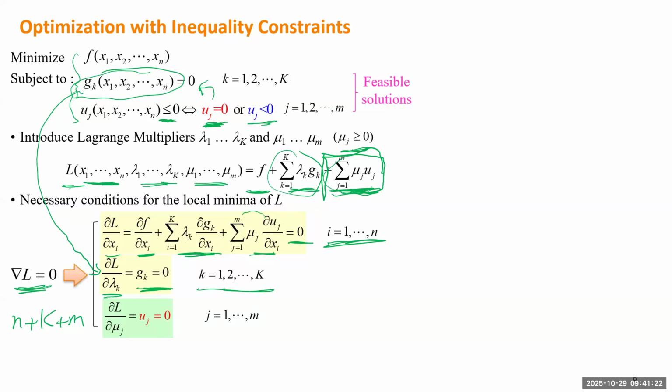The next question: we know this partial derivative will be U, but if we let this U be zero, we are looking for stationary points of this Lagrangian function. But from the original problem, we know U can be zero or negative. It doesn't have to be zero.